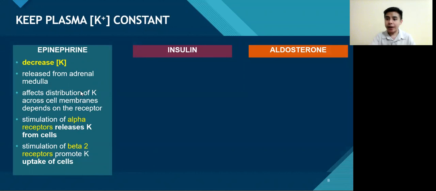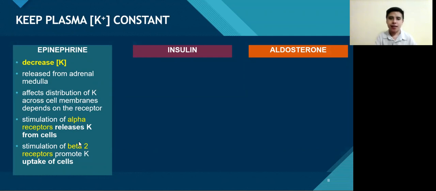It can bind to alpha or beta adrenergic receptors, but it has more affinity for beta. The beta receptor promotes potassium uptake inside the cell. So epinephrine allows potassium to go inside the cell so that potassium will not accumulate in the ECF.